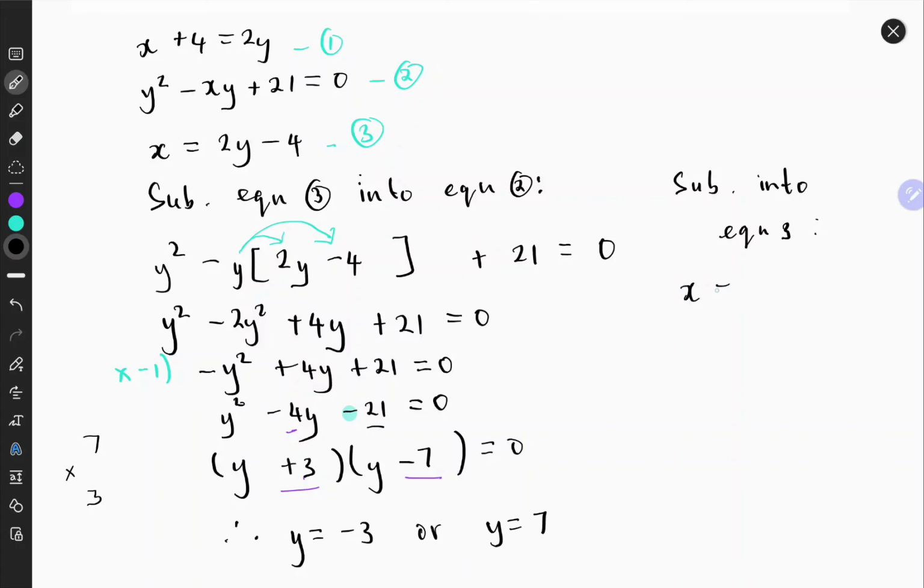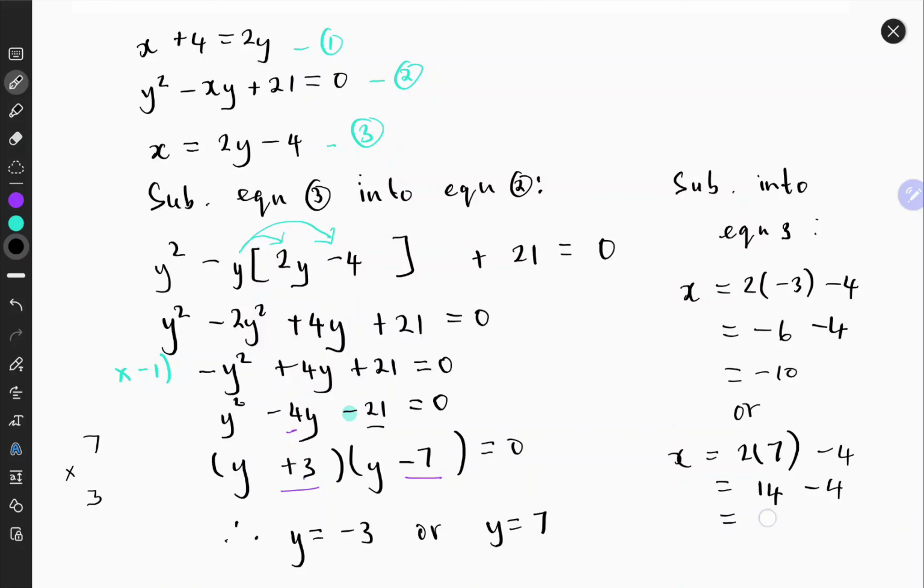So we have x is equal to 2 times -3 minus 4. So this is -6 minus 4, which is -10, or x should be equal to 2 times +7 minus 4. 2 times 7 is 14, minus 4, that is +10.